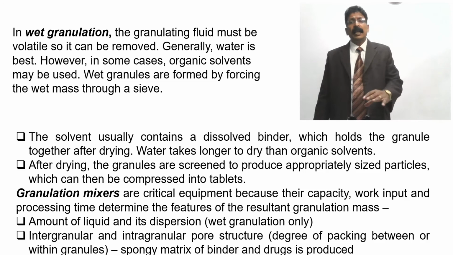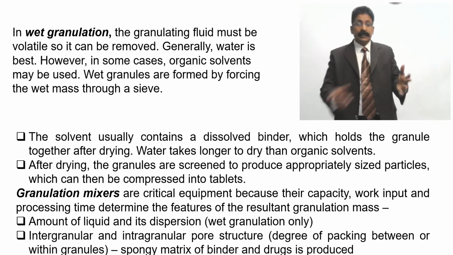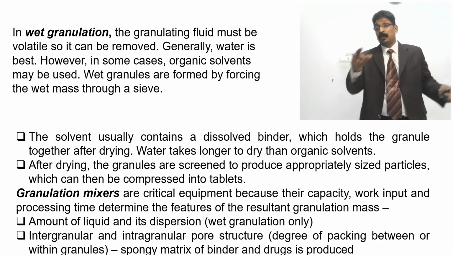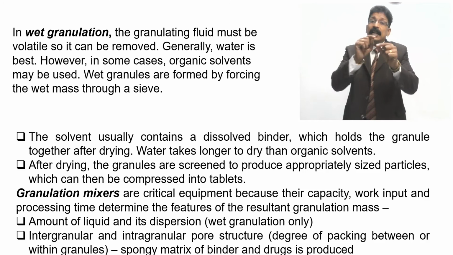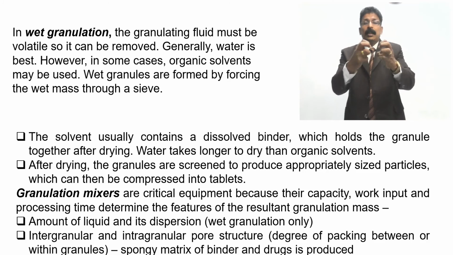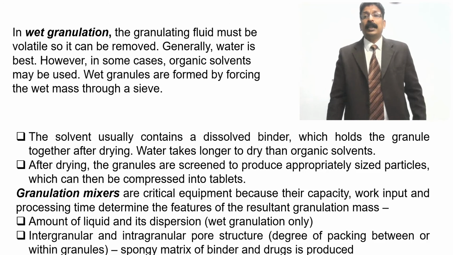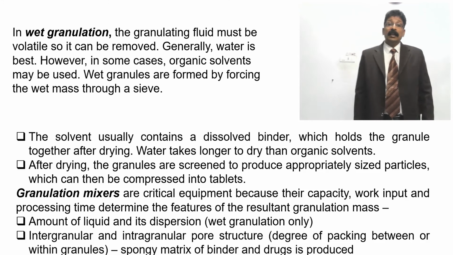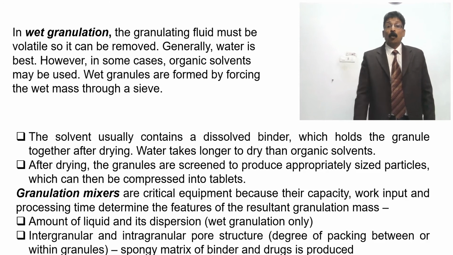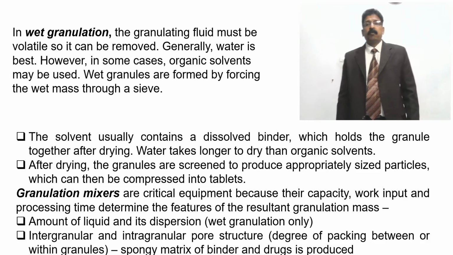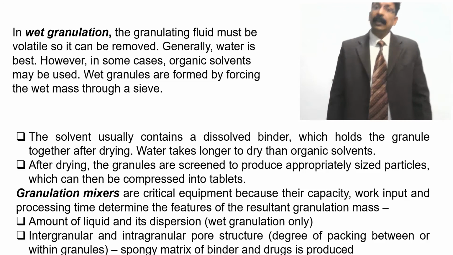There are intergranular and intragranular pore structures: there will be air space between the granules and also inside the granules. This is the degree of packing between or within granules, and spongy materials of binder and drug are produced.